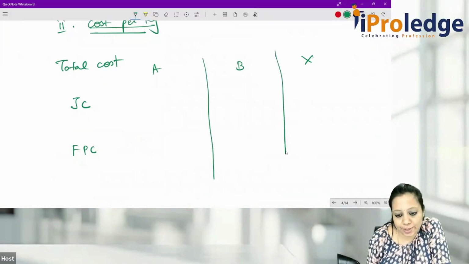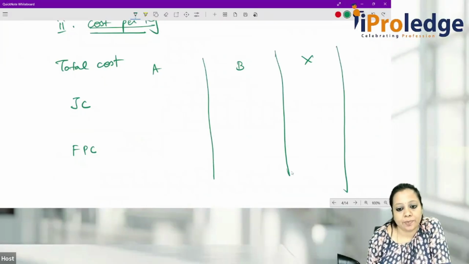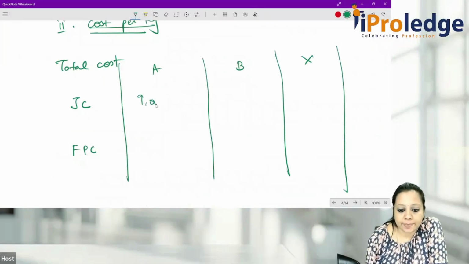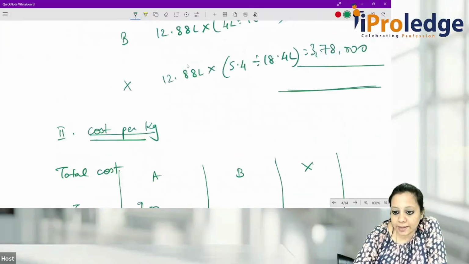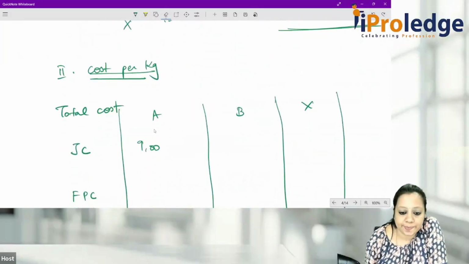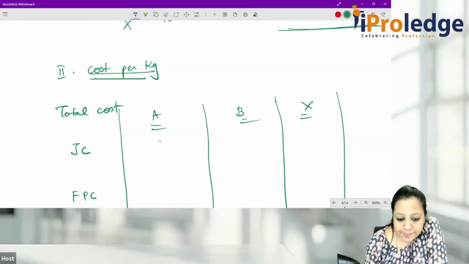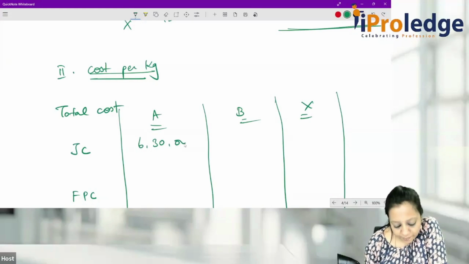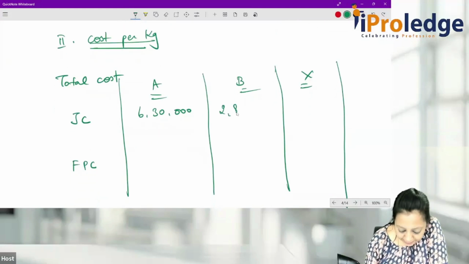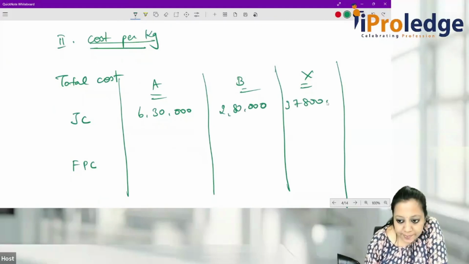So it is going to be joint cost allocated was 6 lakh 30,000, 2 lakh 80,000, 3 lakh 78,000.